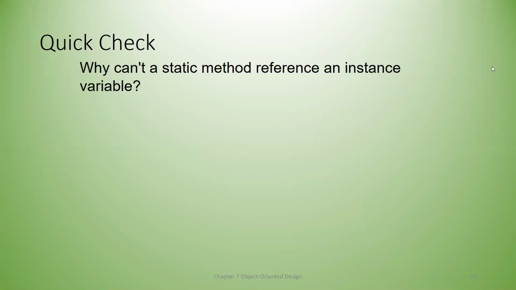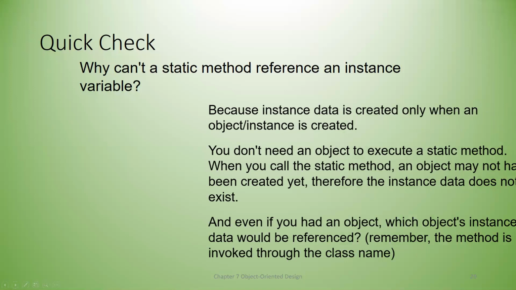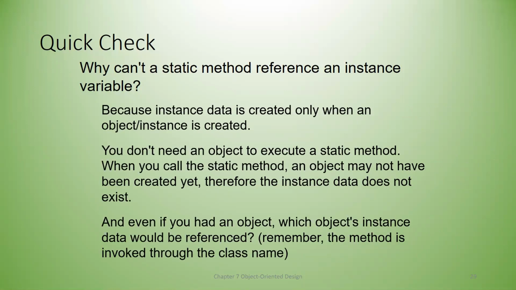Yes, that's correct. Because the instance variable is not in existence. It might not be in existence yet. So to be safe, you just simply cannot reference it, right? Because a static method is used with the class name, dot method name, while an instance variable can only come into existence after an object is created. Okay.